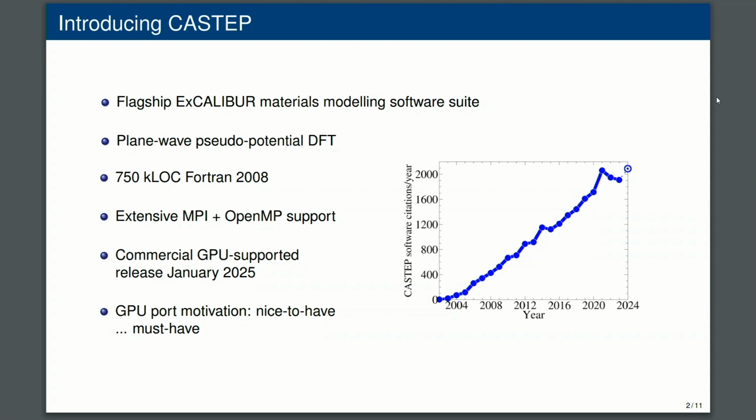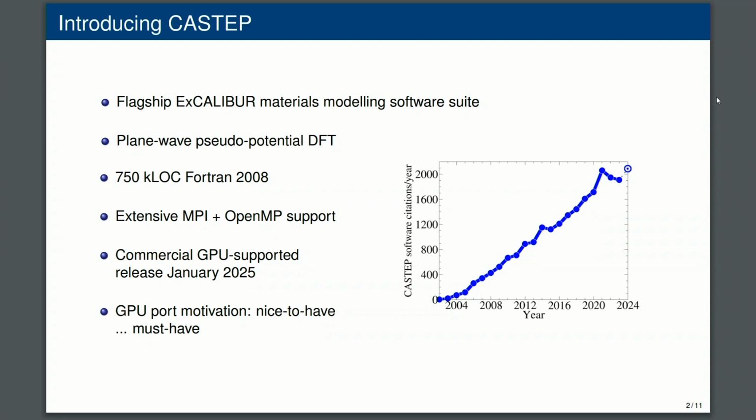Extensive use of MPI and OpenMP throughout the code. Parallelism's really at the forefront of the code. And the commercial GPU support is being released under the materials modeling umbrella next month or early next year.